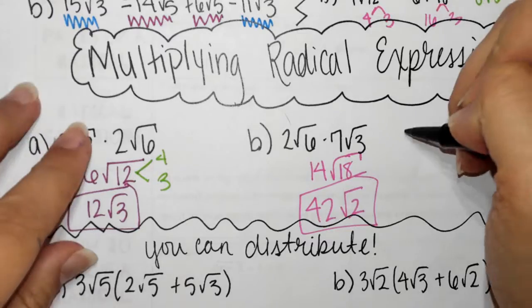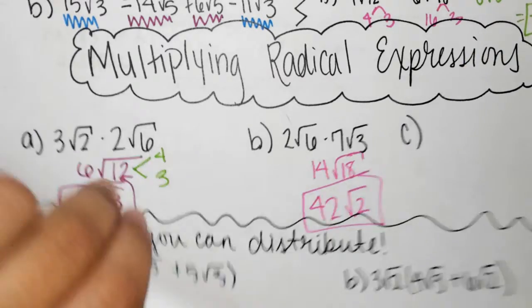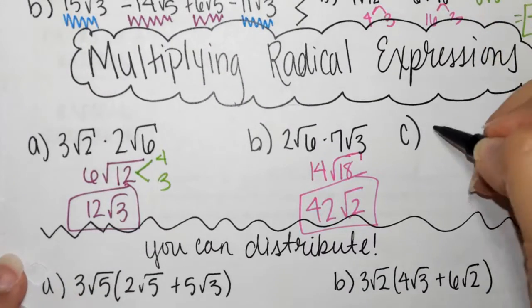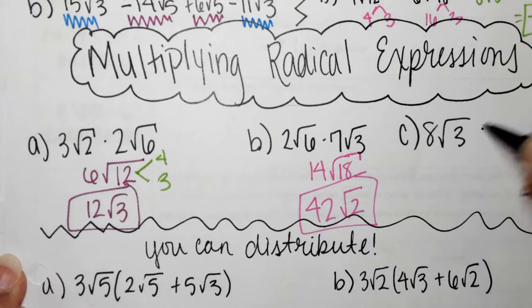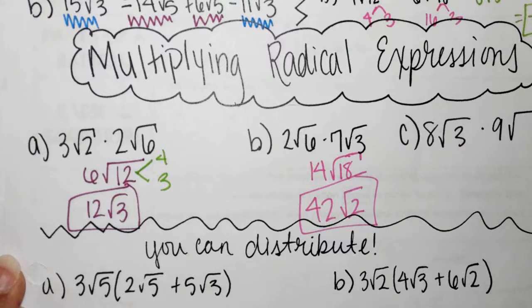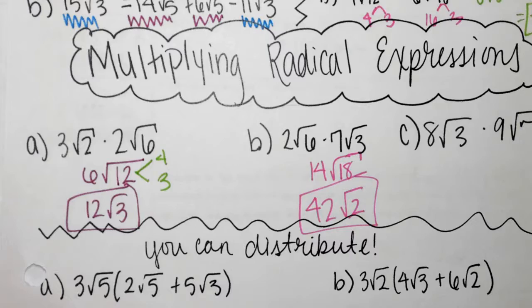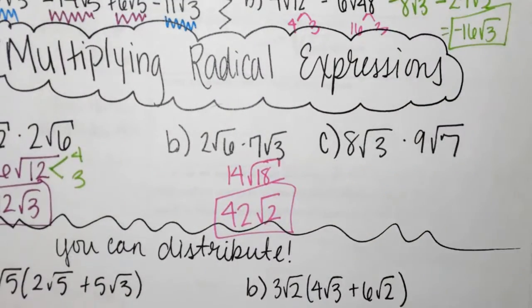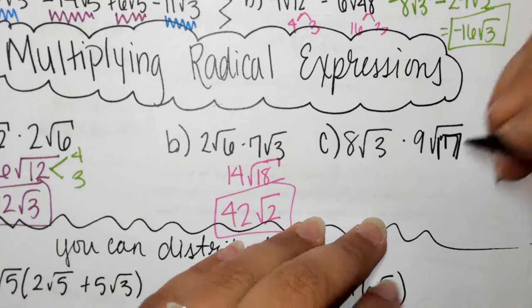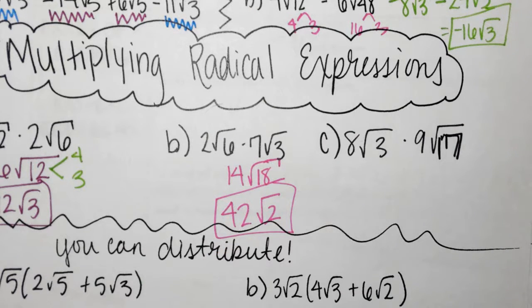Okay, I'm going to put C right here. And I'm going to say 8 square root of 3 times 9 square root of 17.